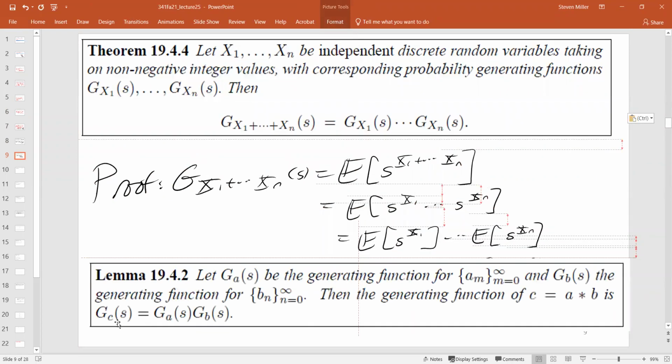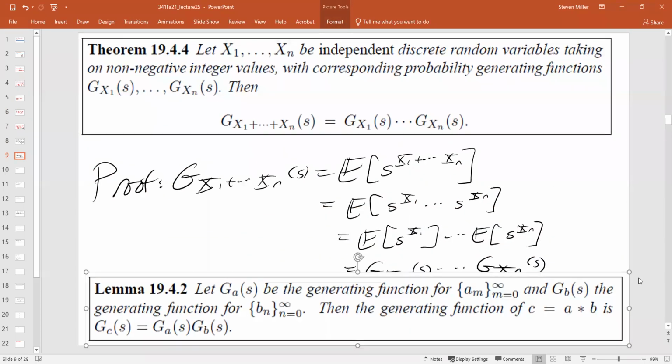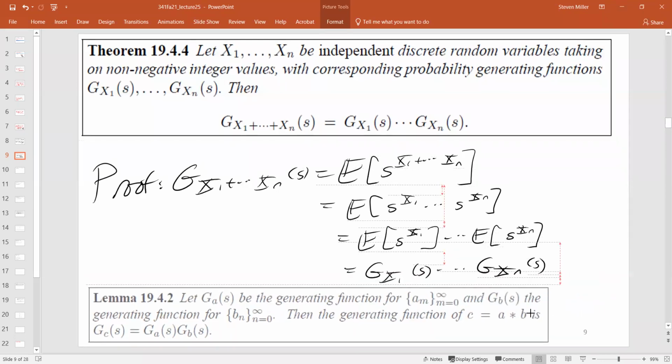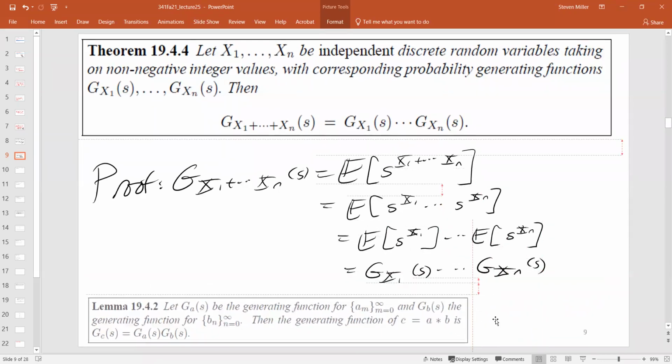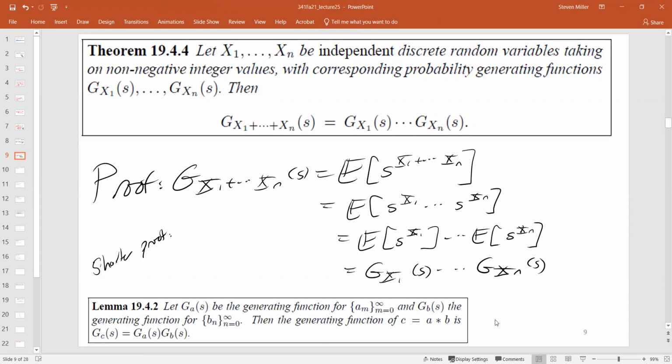Adding is convolution. Shorter proof: adding is convolving. Use lemma 19.4.2.